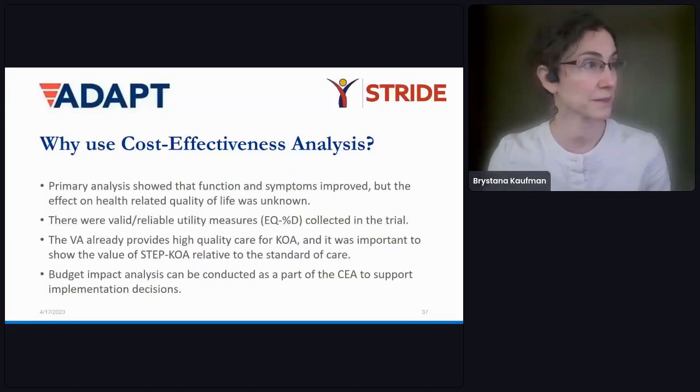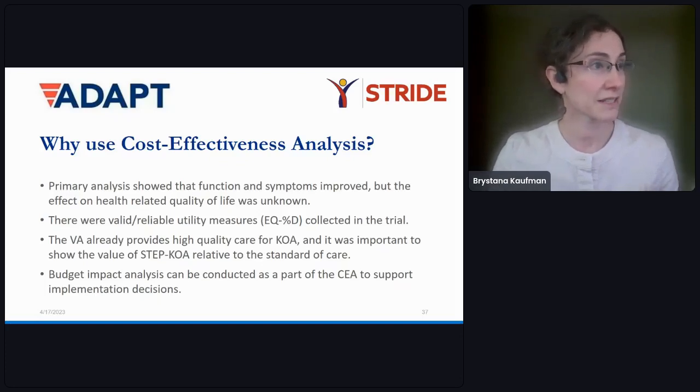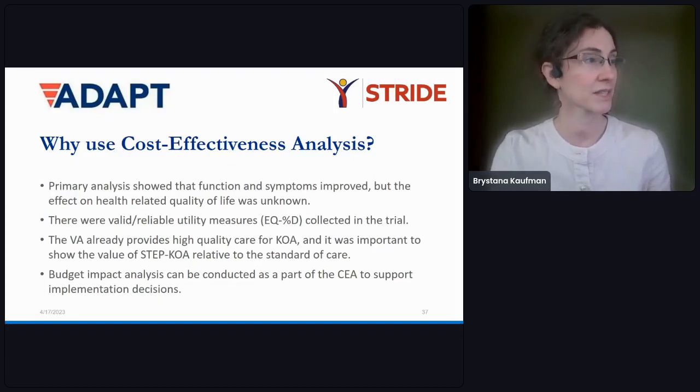The primary analysis in the randomized controlled trial found that function and symptoms were improved. And so we added the evaluation of health-related quality of life with this cost-effectiveness study using the EQ-5D and compared that to the standard of care.